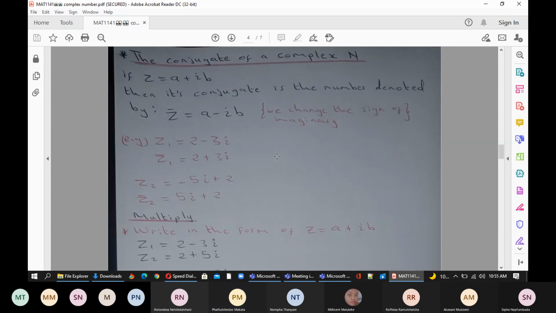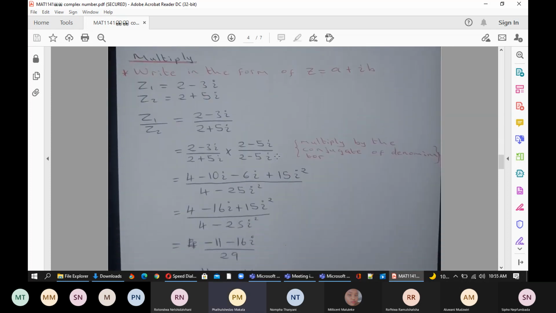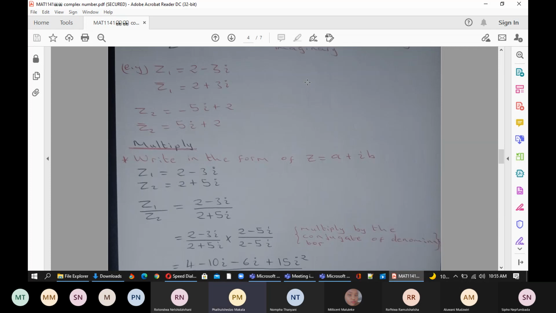Any question? So now, let's talk about dividing. Let's say they give you two equations, and they say write in the form z equals a plus ib. They only give you those two things.